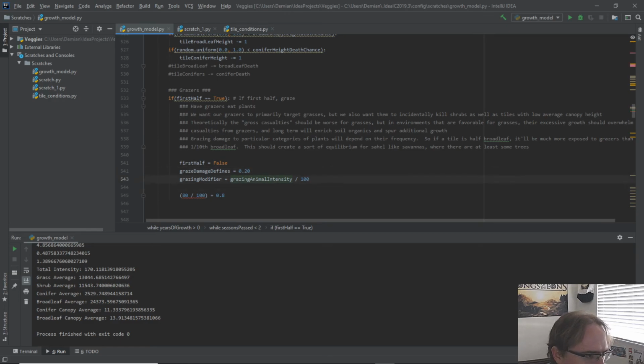Okay, graze damage defines, call it standard. So our formula for the damage that's caused will be here.